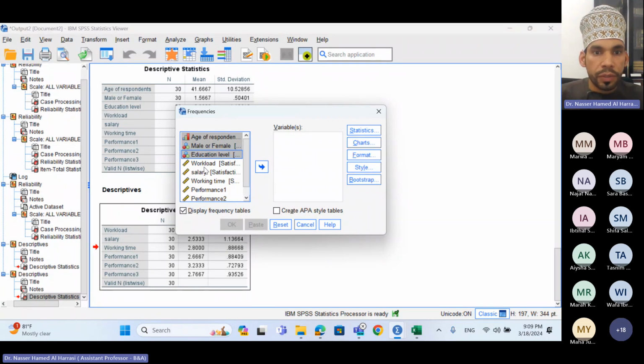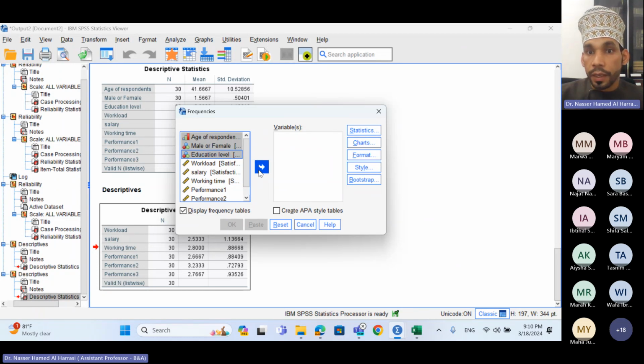There is no benefit in saying that 5 people strongly agree and 2 people agree, because we are using advanced statistics. So in frequencies, we only use that test for the demographic: age, male, and education.